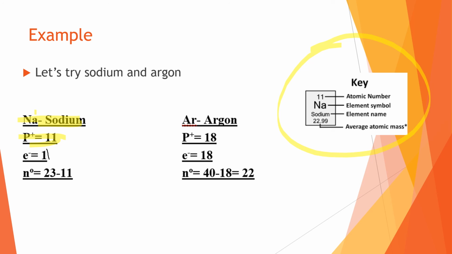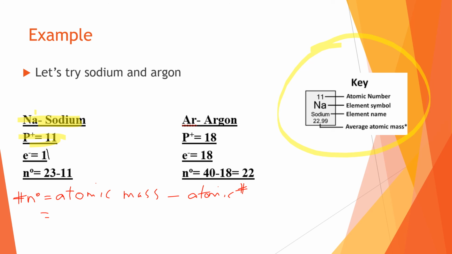For the number of neutrons, remember, you take the atomic mass and subtract the atomic number.